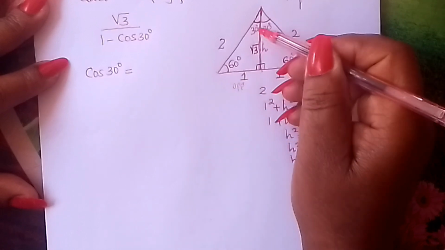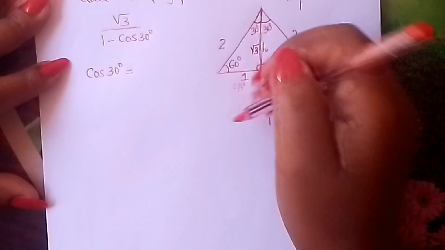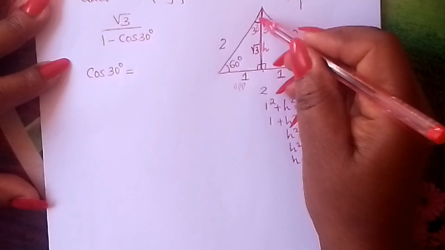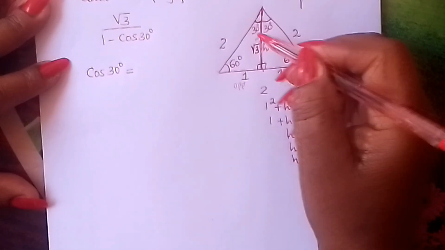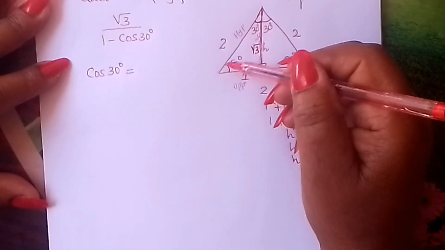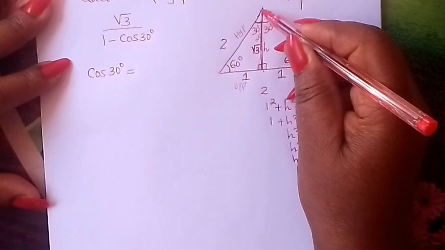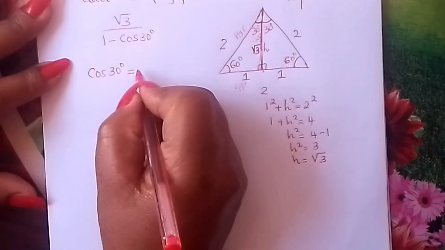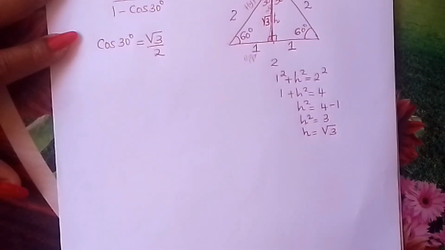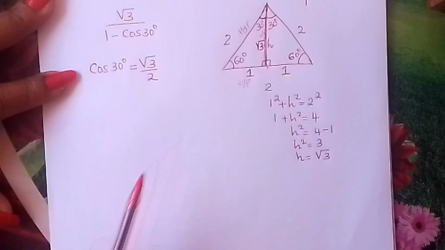The other shorter side is the adjacent, and this is the hypotenuse. So cos 30 is equal to adjacent over hypotenuse, which is square root of 3 over 2. I hope you have remembered.